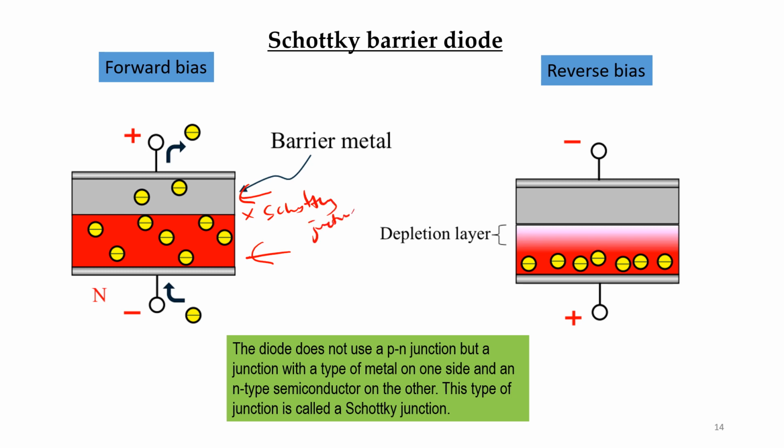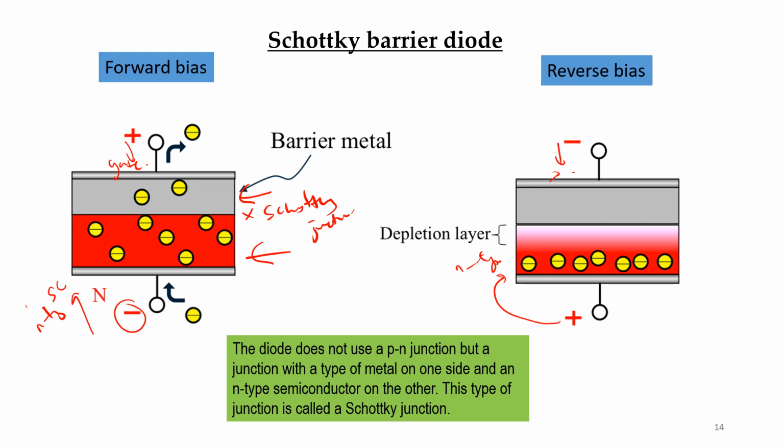For forward bias, the negative terminal is connected to the n-type semiconductor substrate, while the positive terminal is applied to the gate. For reverse bias, the positive terminal is applied to the n-type substrate, while the negative terminal is applied to the metal gate.